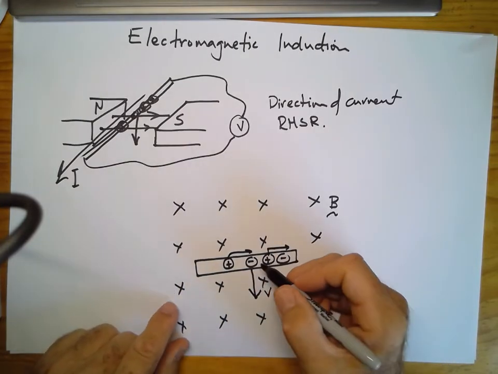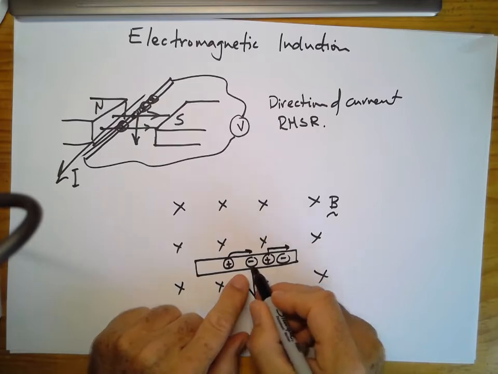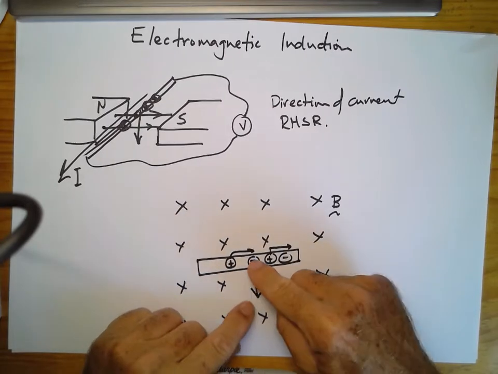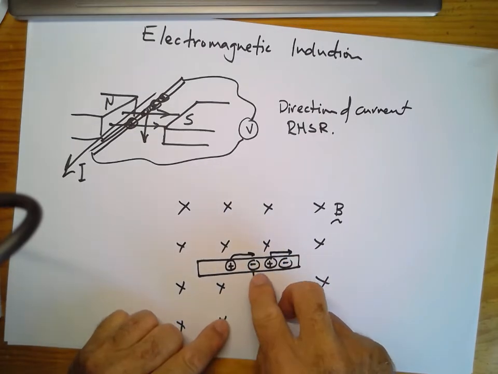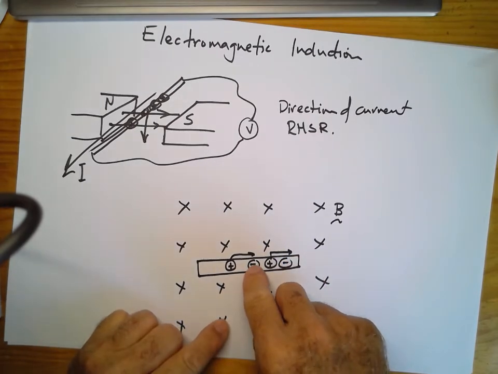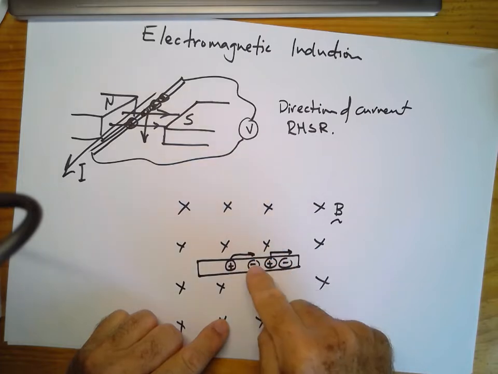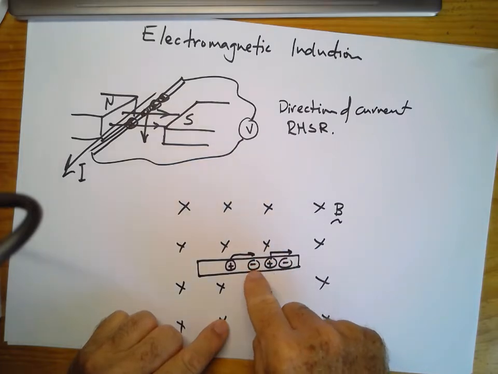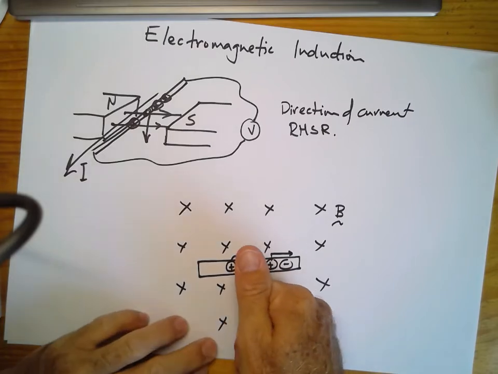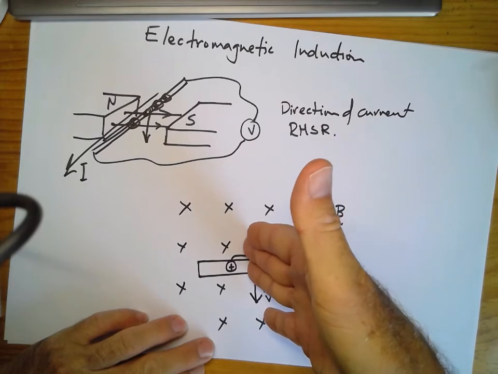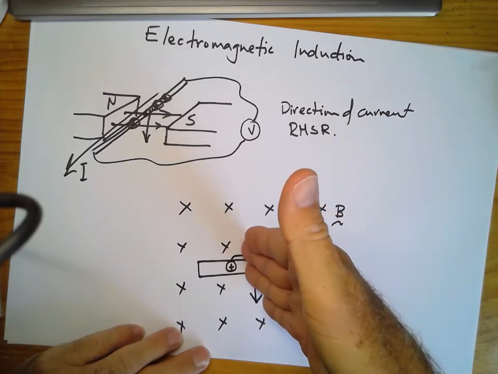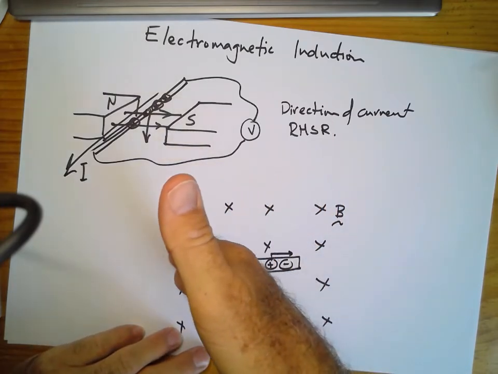Let's stop and think for a moment what happens to the negative particles. As we are pulling these negative particles down, it's equivalent to a conventional current this way. So what is the direction of force on these negative particles? The magnetic field is into the page, so the negative particles will experience a force to the left.